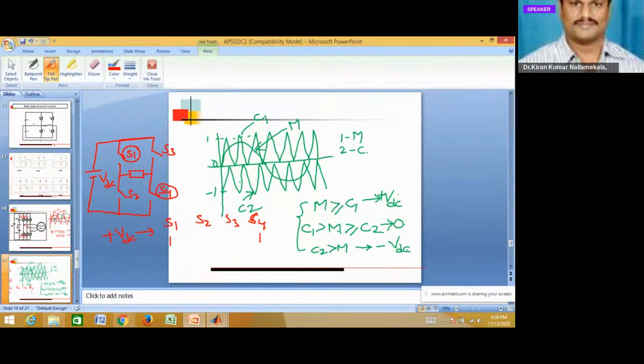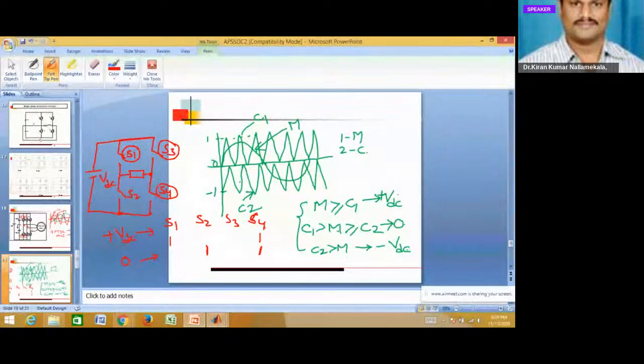Now, for 0 voltage level, which devices are conducting? We can turn on S1 and S3, then this terminal will be connected here, a short circuit, so 0 voltage. Or you can take S2 and S4: if you turn on S2 it will be connected here, and S4 connected here.